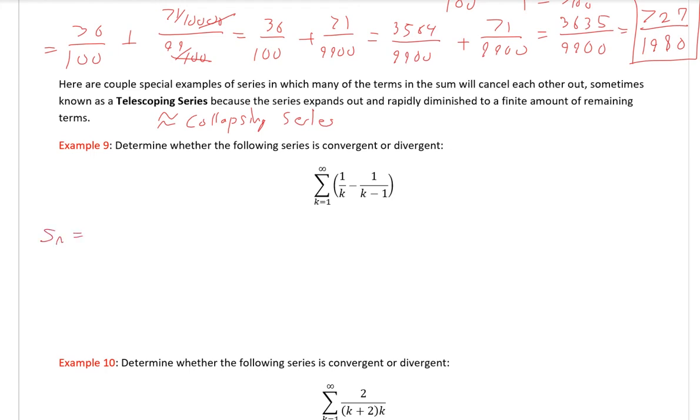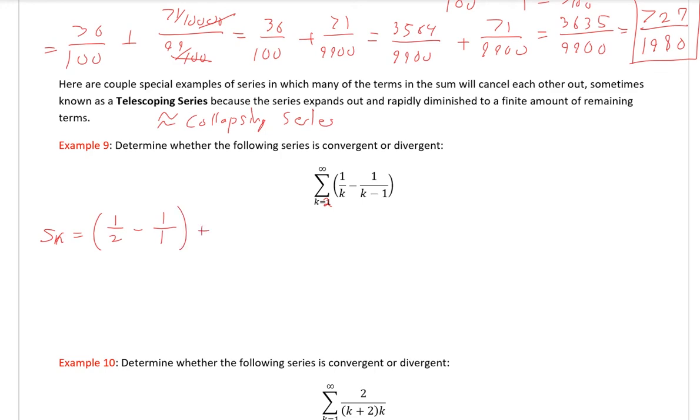If I want to look up S sub k, so the partial sum for k. Well, then I would start off with k being 1. I guess this would actually have to start at 2, now I think about it. Yeah, this would have to start at 2. So k equals 2. So that's 1 over 2 minus 1 over 2 minus 1, which is 1.